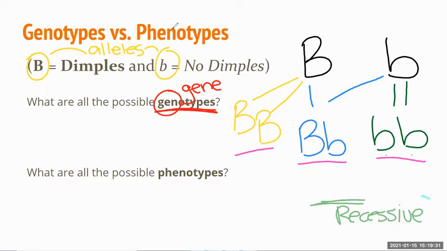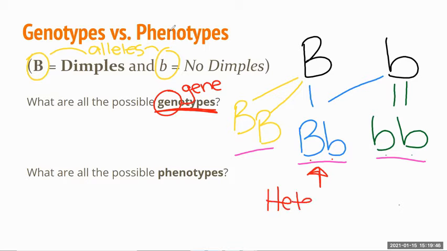All right. For the last one, the middle one here, you may notice that these two alleles are not the same. They are different. So that's why we call these heterozygous. Because hetero means different.